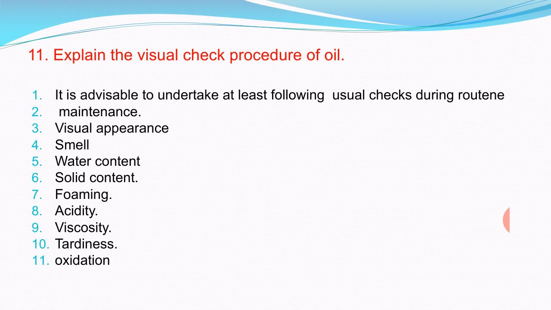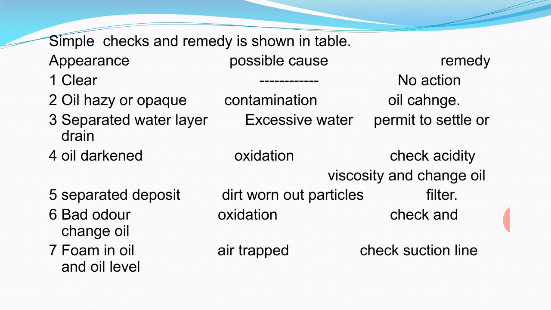Then smell, water content, whether any water is present in the oil, solid particles, whether there is foaming, then acidity, viscosity, turbidity, and oxidation. These are the factors we can check in the usual check procedure of oil.